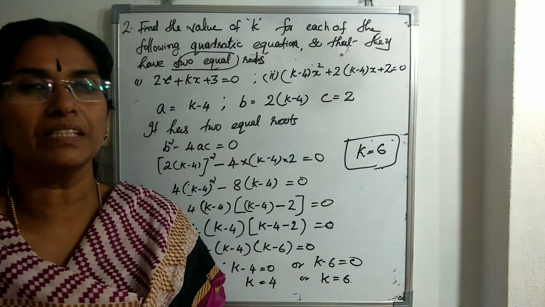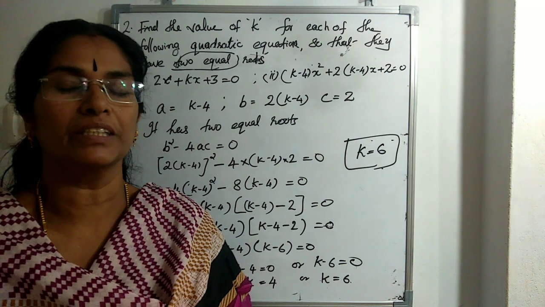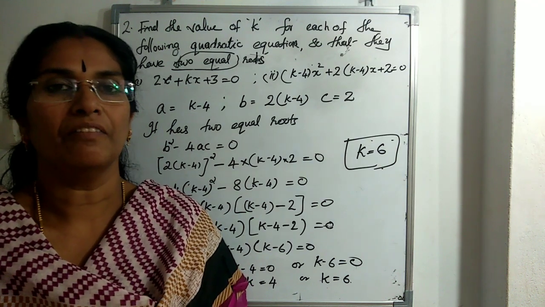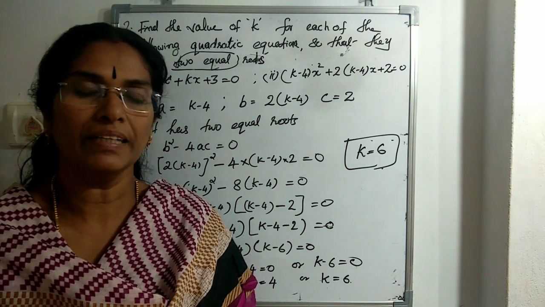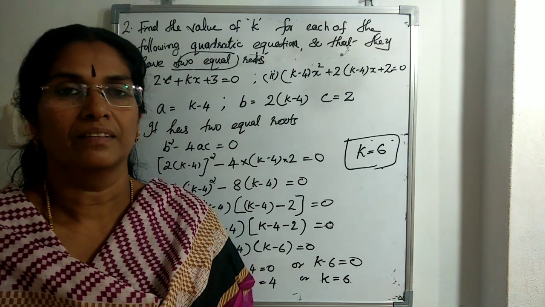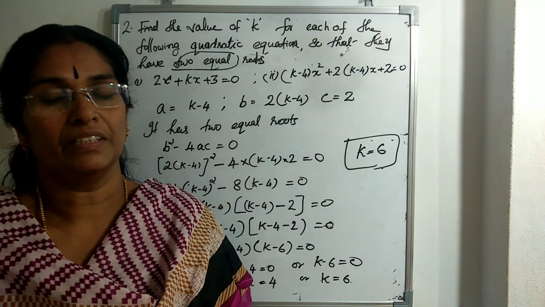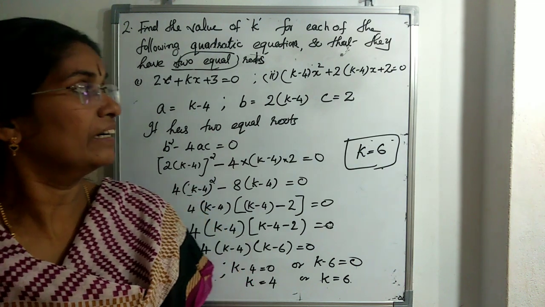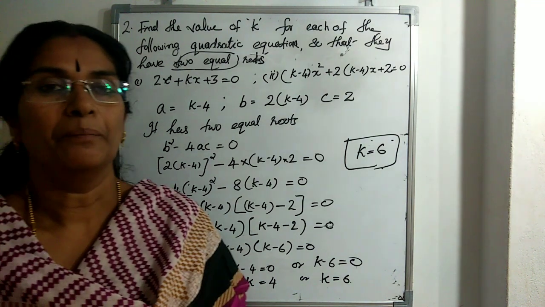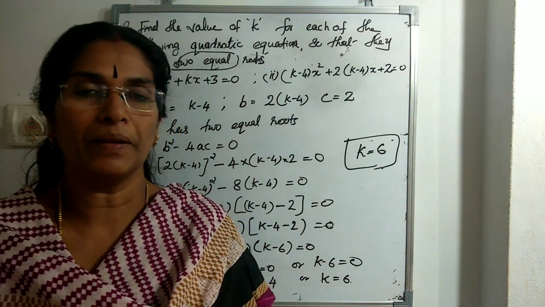I think this is also very simple. Today's portion is very simple. So one more time we can revise what we learned today. It is the nature of the roots of the quadratic equation. What was that? Already we told the condition b square minus 4ac, that is the discriminant.